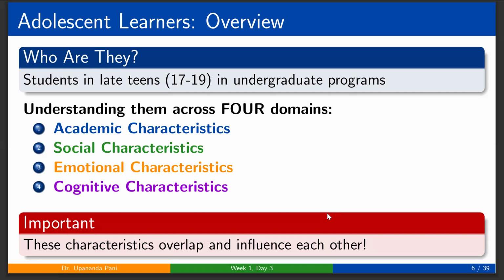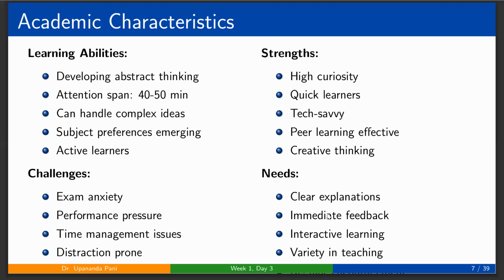So we have to understand the learners across these four domains. What is important over here is these characteristics overlap and influence each other. Okay, so now let's discuss more over one by one.